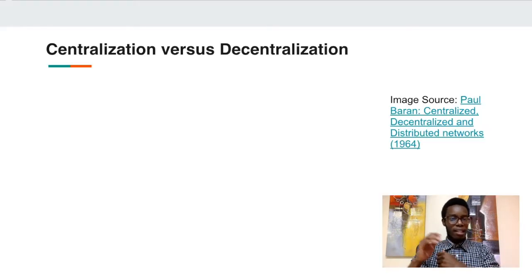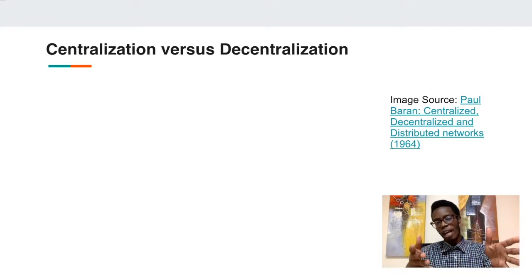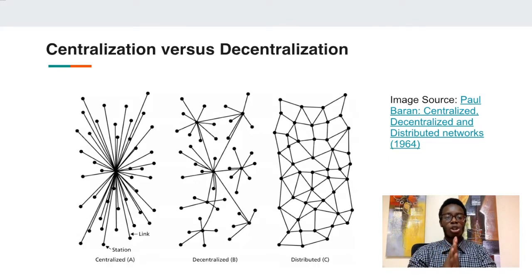So before we get started with the three types of database, it's always nice to have an overview of centralized, decentralized, and distributed databases. The image below shows exactly how these different structures look. We have the centralized structure, or centralized databases, where we have one central storage.